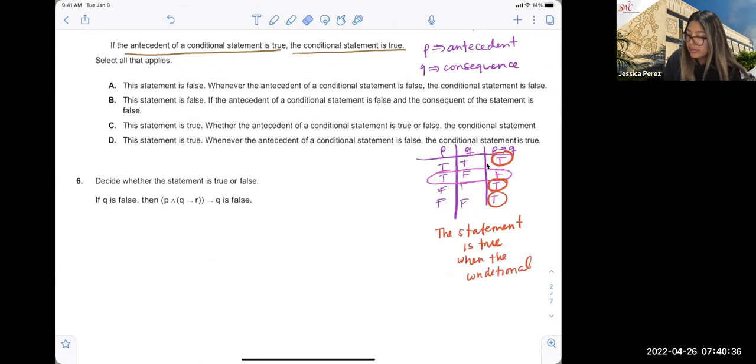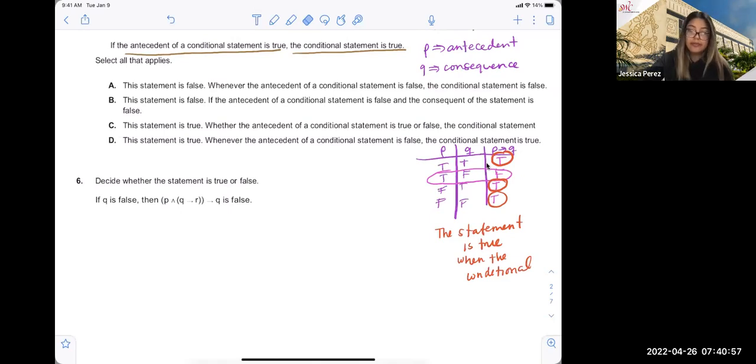So let's look at the statement. We have: the statement is false whenever the antecedent of a conditional statement is false. The conditional statement is false. No, that's not true, right?